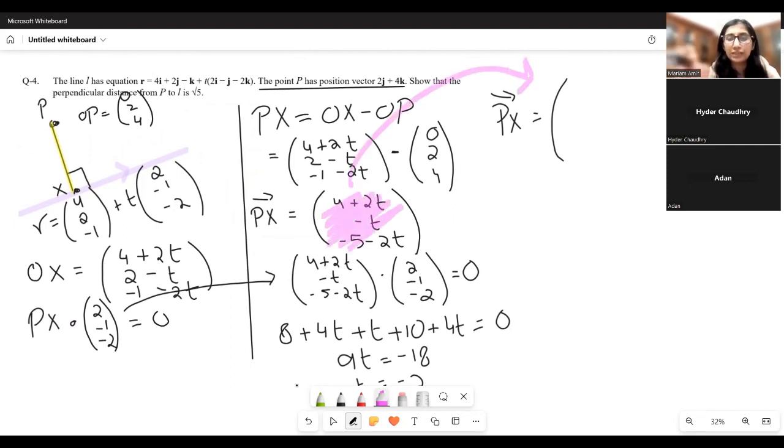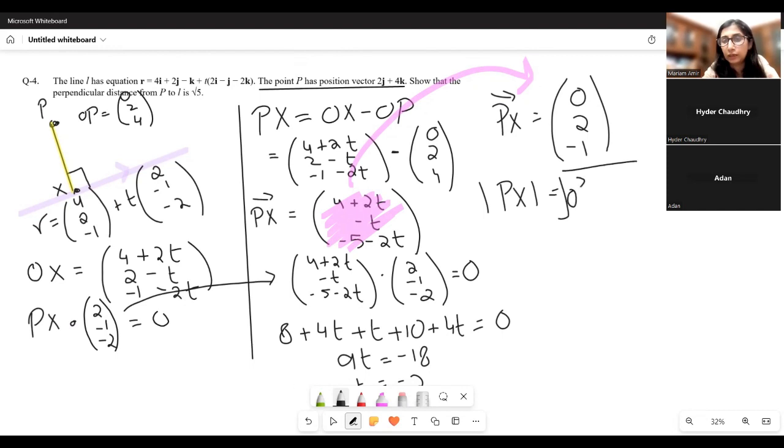So now substitute t equals minus 2. So there's a 0 here, then there's a plus 2 here. So if t is minus 2, that would be minus 1. So now I'm going to take the magnitude of this, which is going to be 0 squared plus 2 squared plus 1 squared, which gives square root of 5. That is correct.